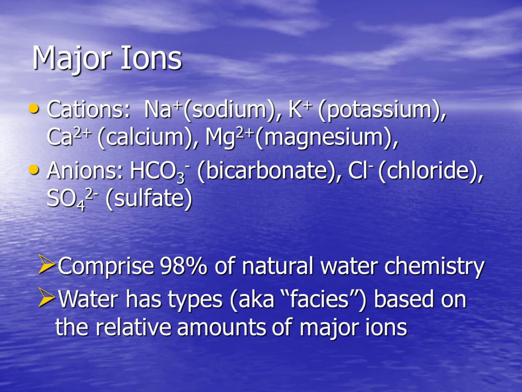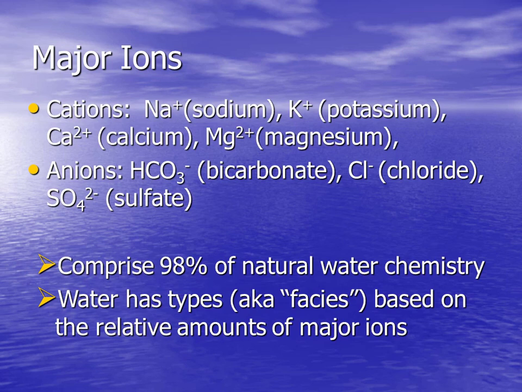Based on the relative amounts of sodium, potassium, calcium, magnesium, as well as the relative amounts of bicarbonate, chloride, and sulfate, we can come up with water types. Water has a characteristic chemistry pretty much based on where it's been.